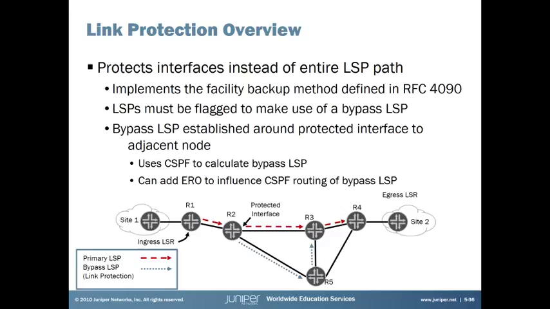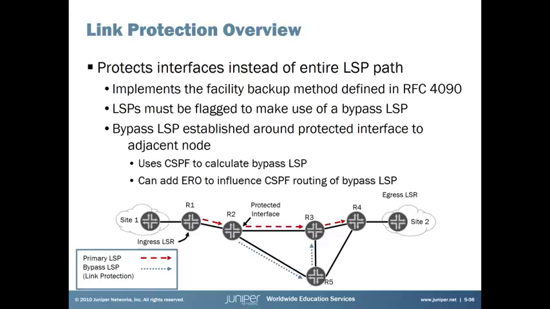So let's take a look at it. In RFC 4090, this is called a facility backup. Juniper call it link protection, that's their name for it. The RFC calls it facility backup. The same RFC describes fast reroute, which is called the one-to-one backup.